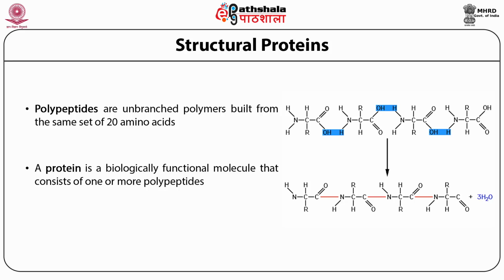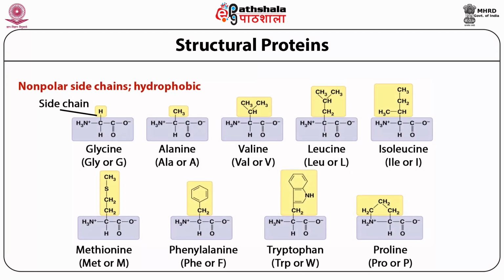Polypeptides are formed when molecules combine together to form peptides, and the peptide molecules combine together to give polypeptides with the elimination of water molecules. Nonpolar side chains: the amino acids having nonpolar side chains like hydrogen, methyl, isopropyl and butyl, which are again nonpolar in nature.